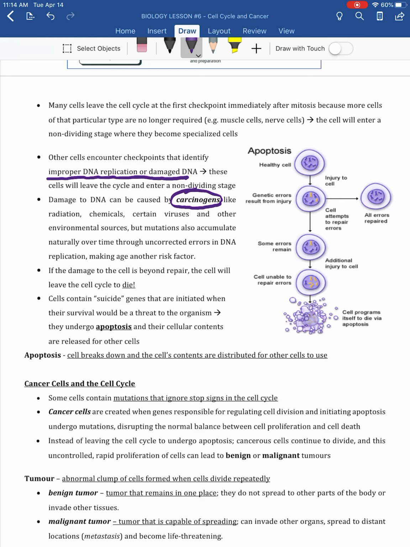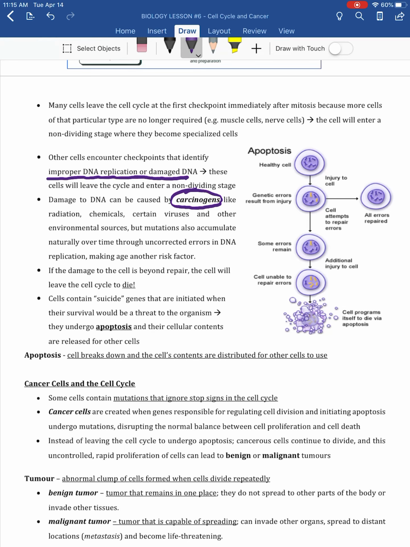A carcinogen is some environmental substance, something in our world, that can cause damage to DNA. And usually we equate them to things that cause cancer.